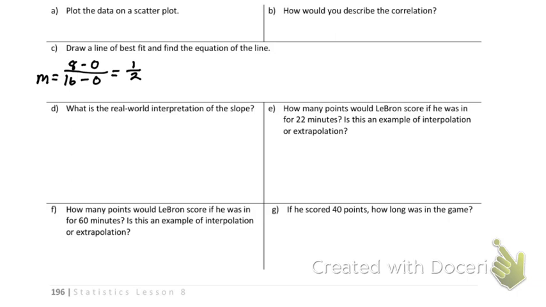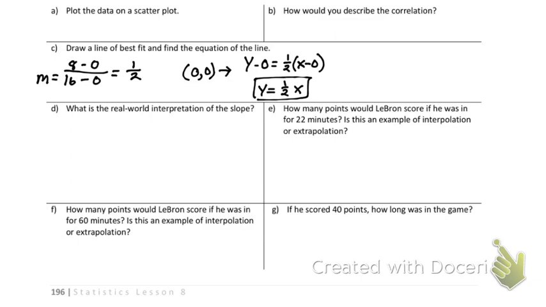So we pick the point (0, 0), which leads us to y minus 0 equals our slope of 1/2 times x minus 0. I don't have to do any of the subtraction; I just end up with y equals 1/2 x. If I were to pick the other point, I would still have come up with y equals 1/2 x, but I would have done some math. So if (0, 0) is an option, always pick it. It's the easier one to use.